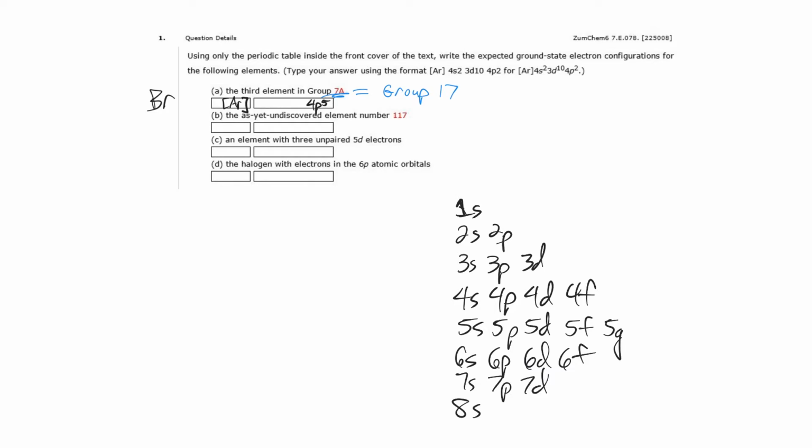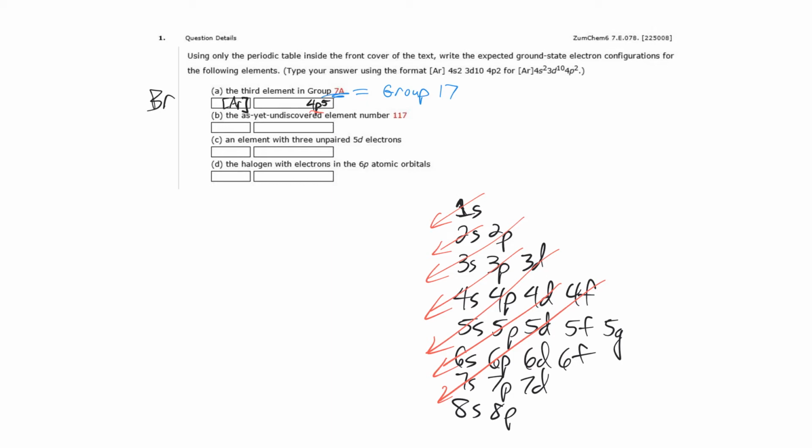So I'm going to tail it off beyond a point that we don't really need to go. So if you ever want to know the order for filling sublevels, make this sketch and then draw strike-through lines. That shows the order in which sublevels are filled, starting with 1s and then going all the way down. In this case, we're ending with 4p5.